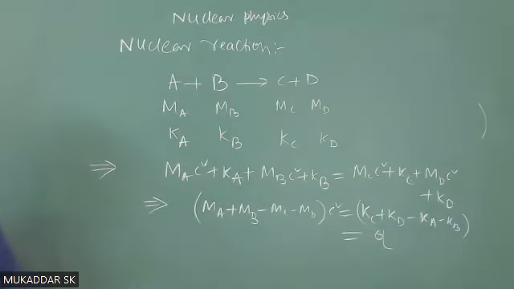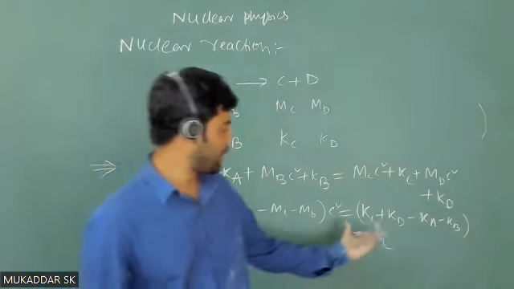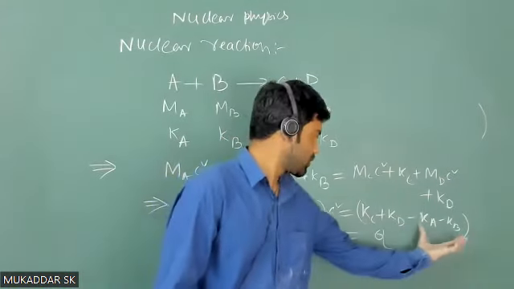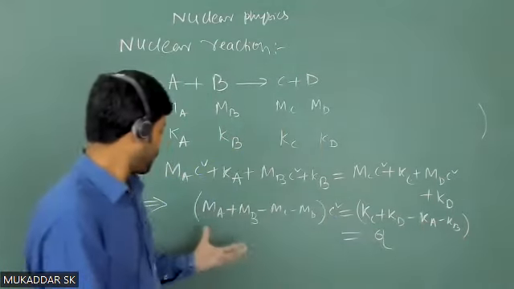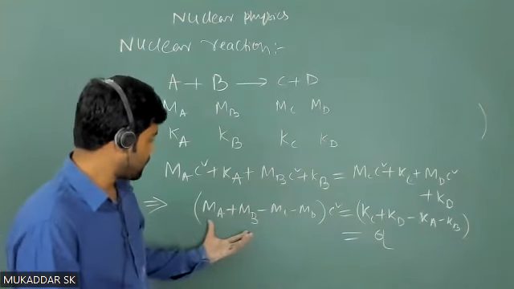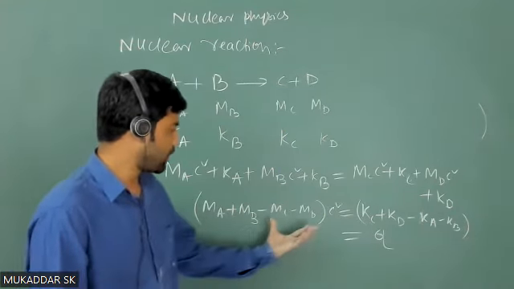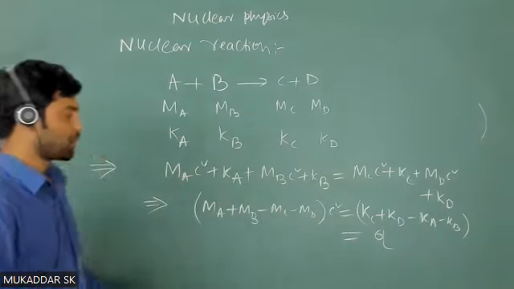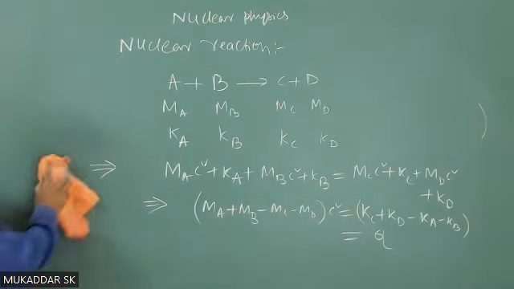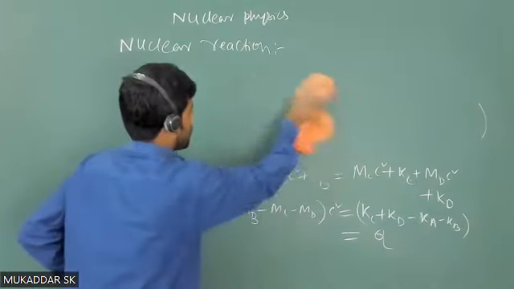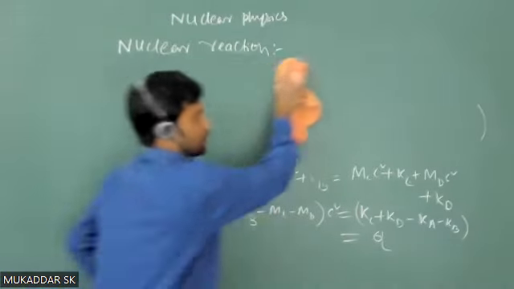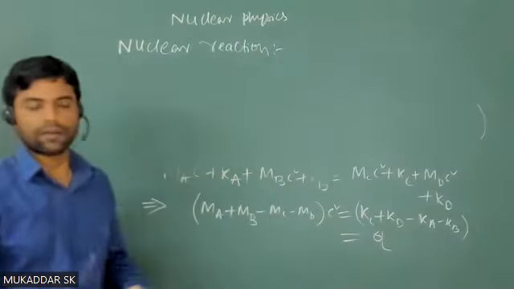So Q value is nothing but the kinetic energy of the product minus reactant, or the rest mass energy of the reactant minus product. Okay? Rest mass energy of the reactant minus product.